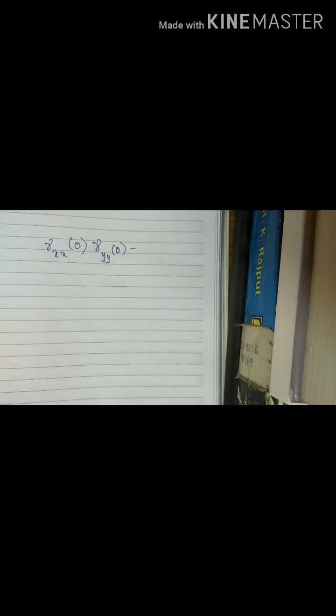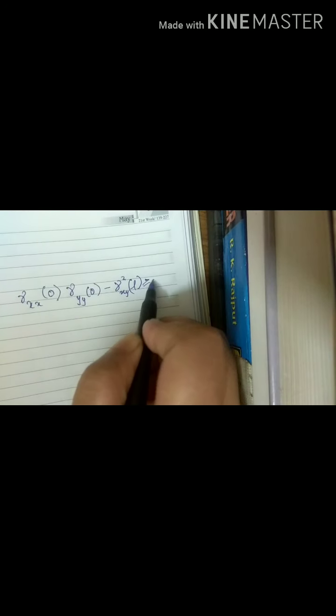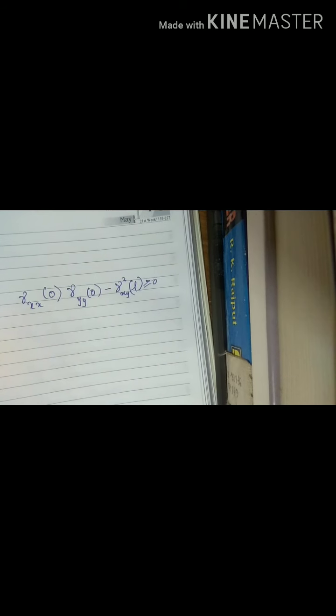So we can write gamma xx(0) multiplied with gamma yy(0) minus gamma square xy(L). This should be greater than or equal to 0.